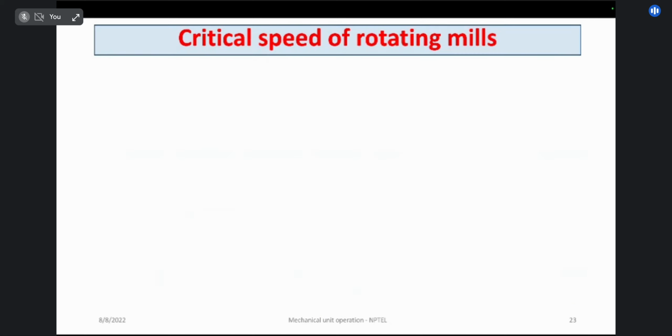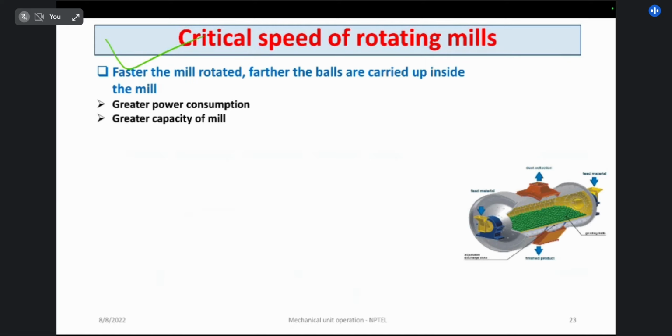Now there is one more concept in this chapter which will be used for numerical purposes, which is the critical speed of rotating mills. Rotating mills are mills in which there are different kinds of particles which can rotate and impact our main solid particle.